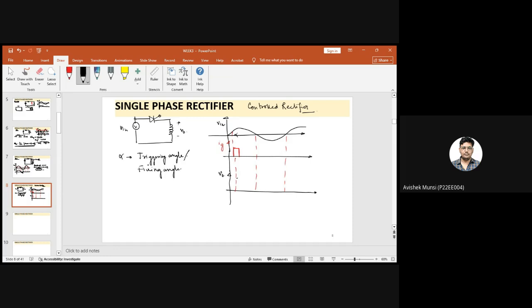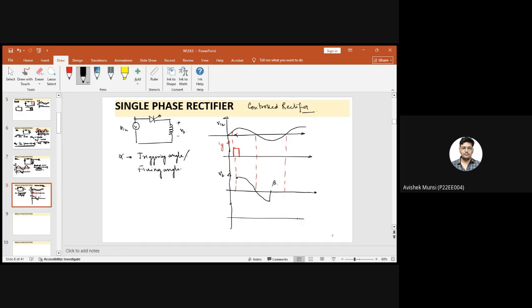Why? Because after it the SCR will turn on. Unless and until the SCR turns on, it will not conduct energy, so the output will be like this. And for the L load, it will store some energy up to a certain point, that is beta. So the output will look like this.